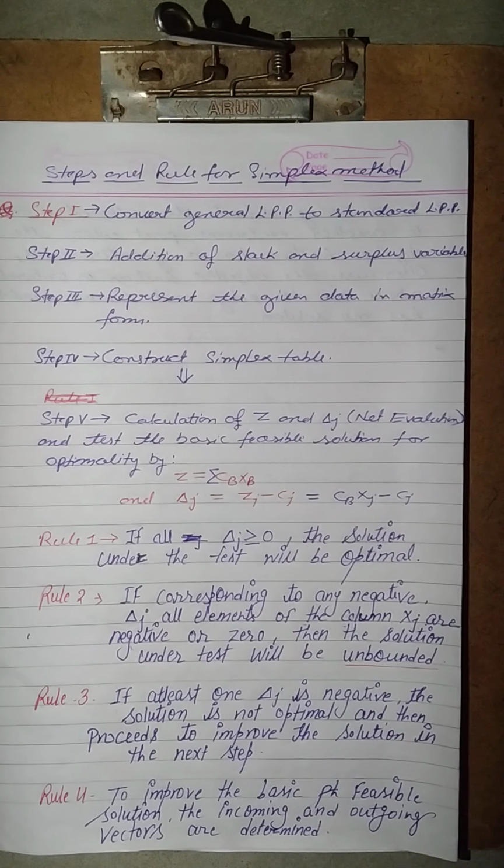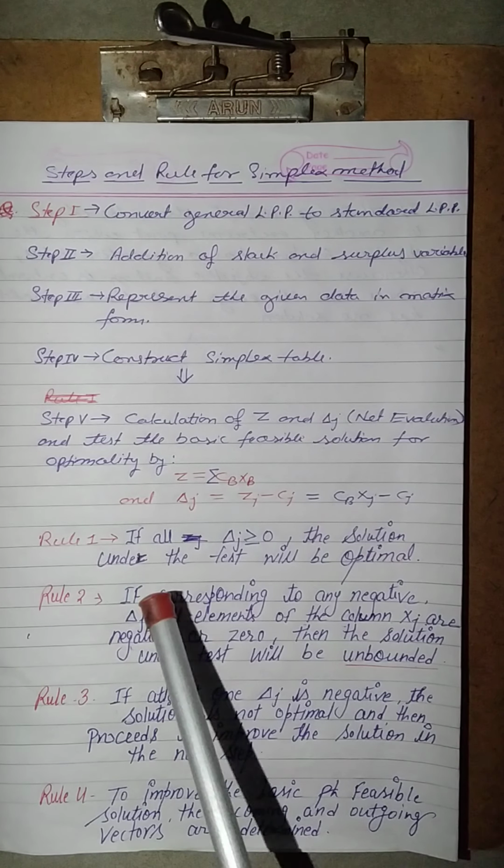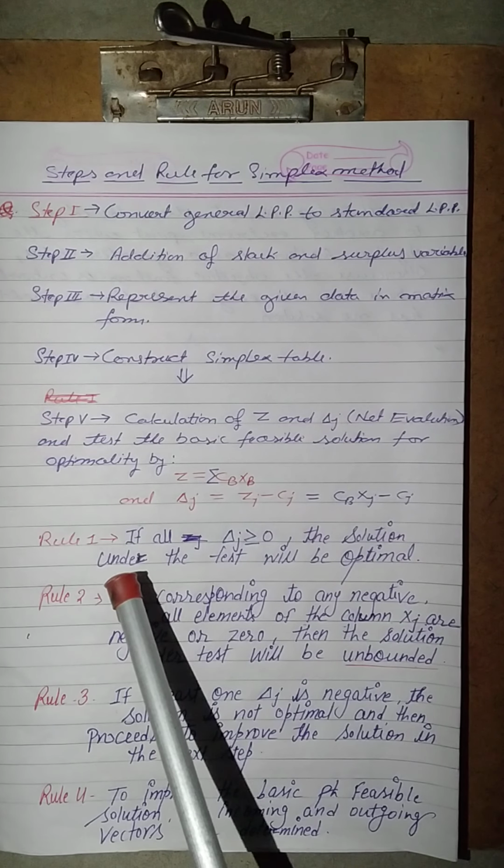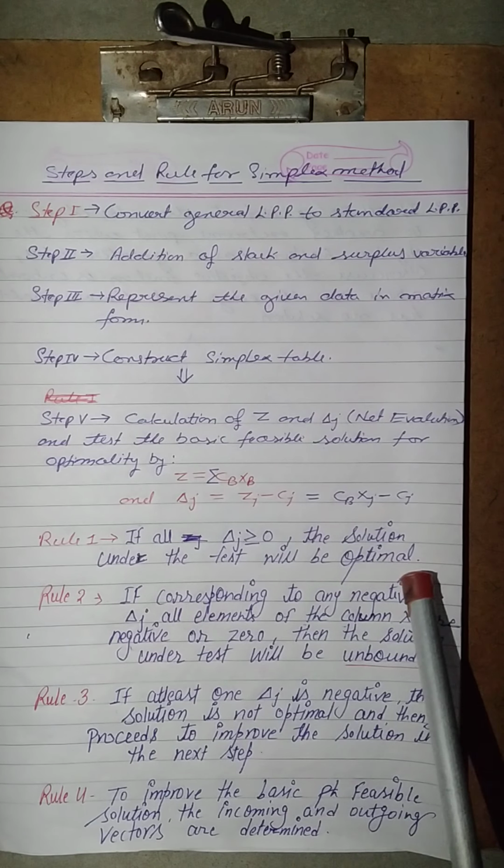We know about the rules of the simplex optimality of the LPP in the simplex method. That is, if all delta j are greater than or equal to 0, the solution under the test will be optimal.